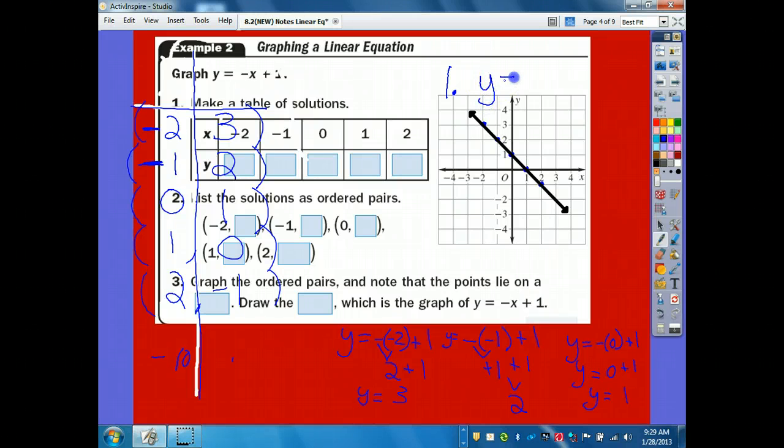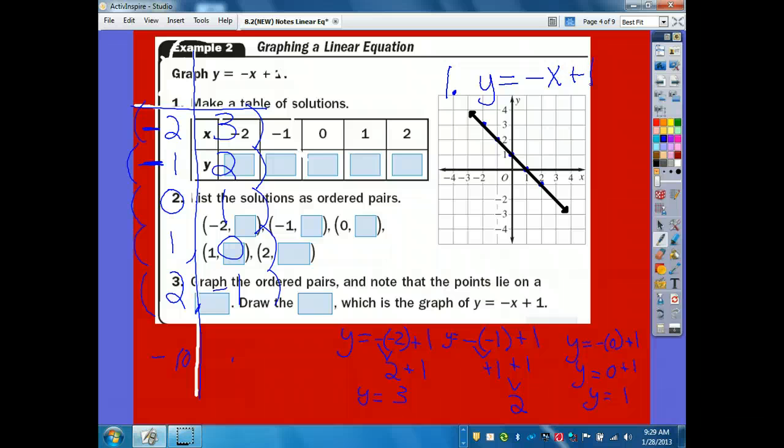This is y equals -x plus 1. That's the equation we just graphed. Make sense? Questions? So you'll have the T-chart and your work for each problem in your notebook. And then you'll graph it on the graph paper I give you. And we'll go from there, okay?